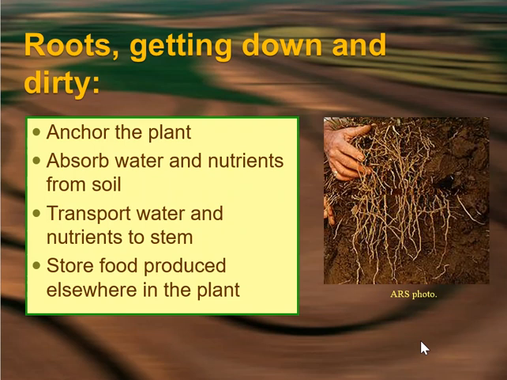So from our previous units, we know that soil has a lot of benefits as it contains a lot of vital nutrients for plants, as well as there's water in the soil. So it absorbs that water and nutrients and then transports them to the stem.